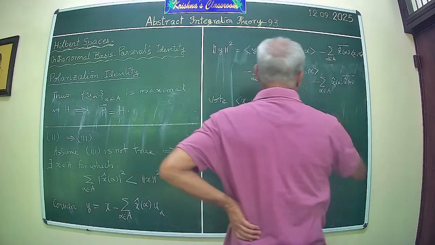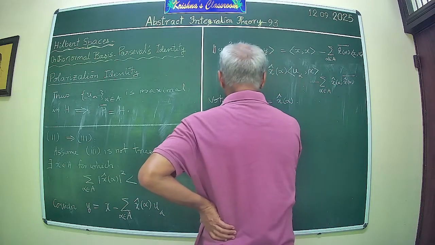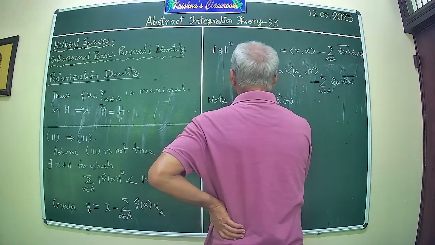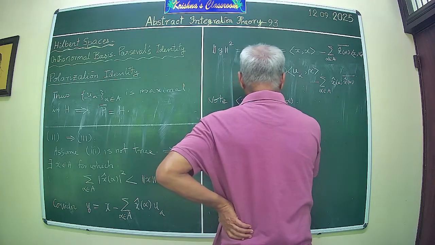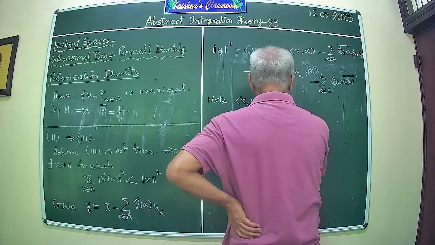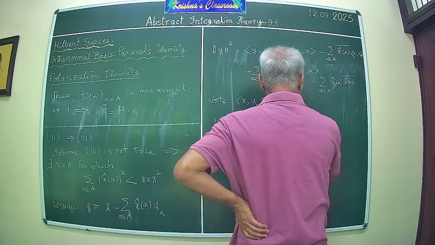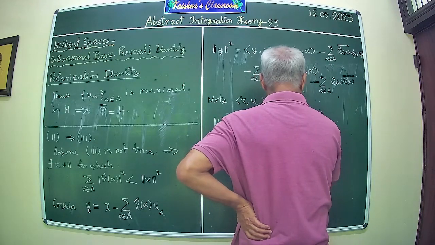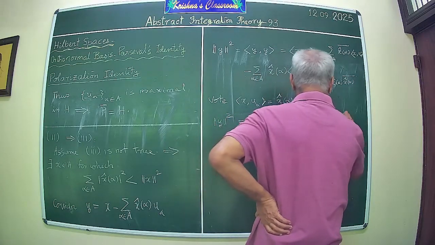Therefore, you should get essentially something that is not equal to 0.